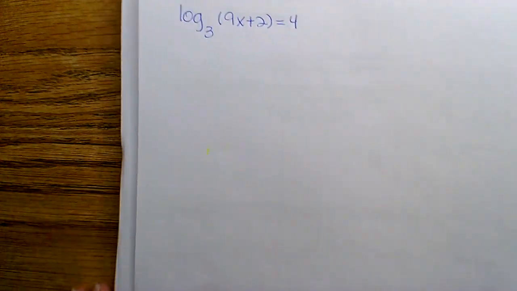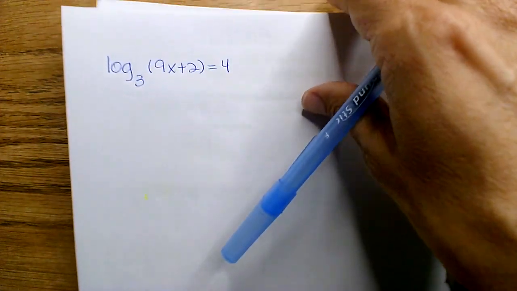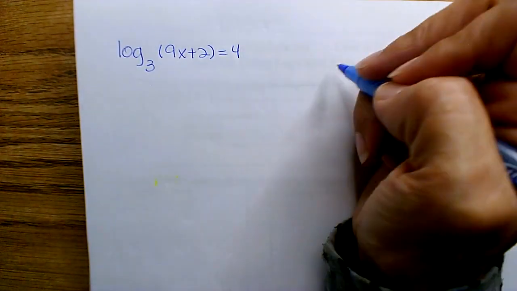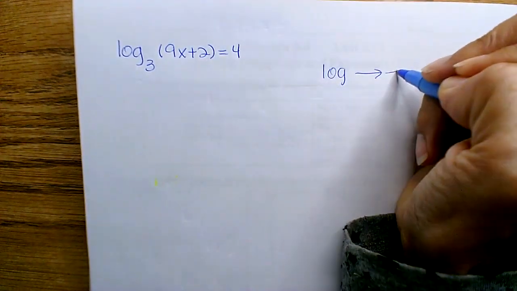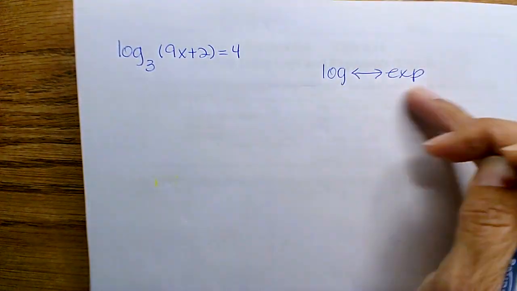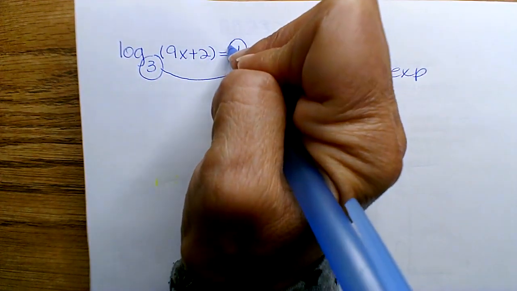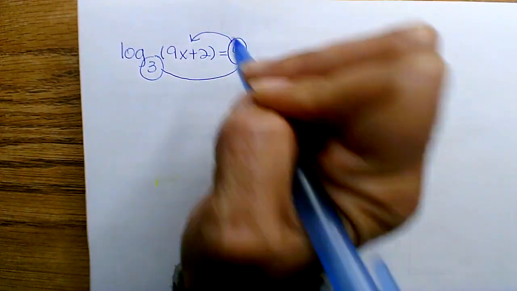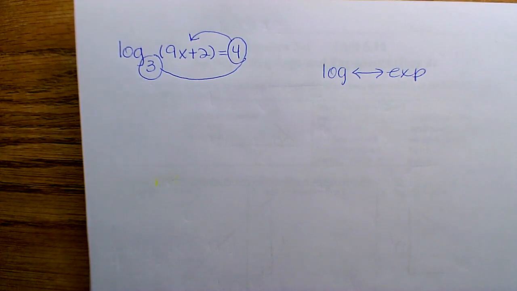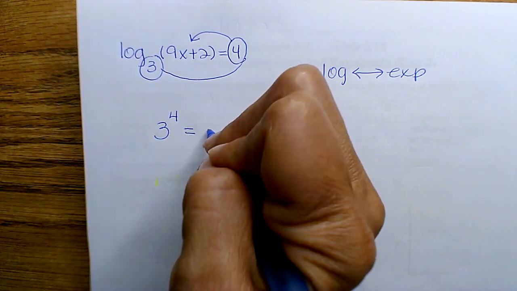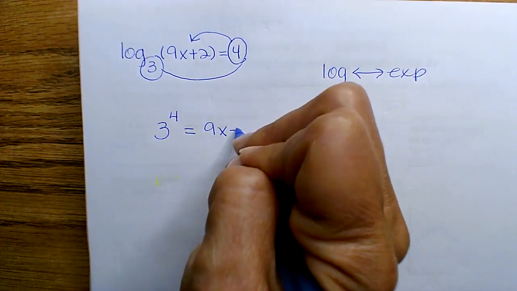On the problems for the pages you did early last week, if not the week prior, remember, to go from log to exponential form and back and forth, it's your base, that's your exponent, and this is the argument or value. So I'm going to write 3 to the 4th power is equal to 9x plus 2.